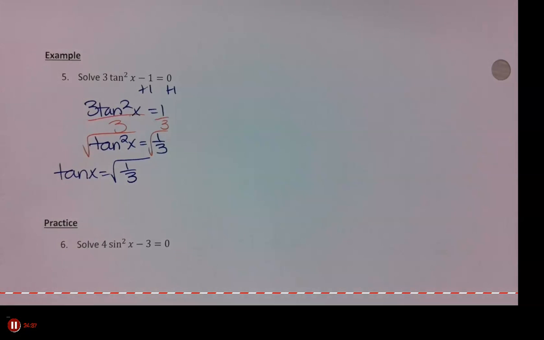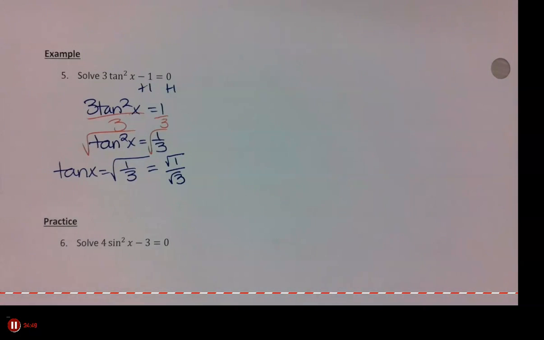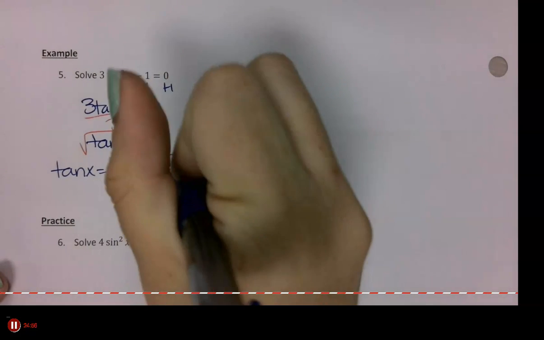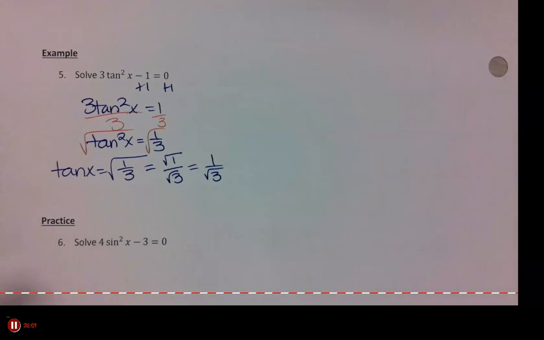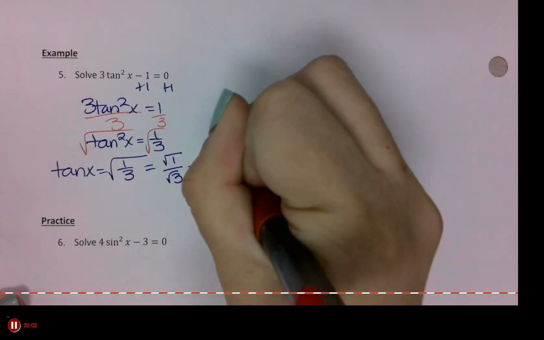Do I like it written like that? Okay, since this radical is over the whole fraction, I can split it to the top and bottom. Now I can take the square root of 1. What's the square root of 1? Do I like the square root of 3 being on the bottom? Okay, so I need to rationalize my denominator.